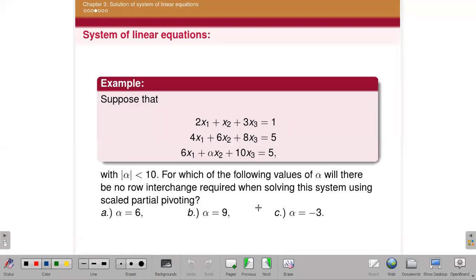Can you do this question also? Actually, I forgot to do this question. We will do this question also. Actually, this is based on scale partial pivoting. We will do it in the next lecture only. So firstly, we will do this example. Then we will come to the LU decomposition.